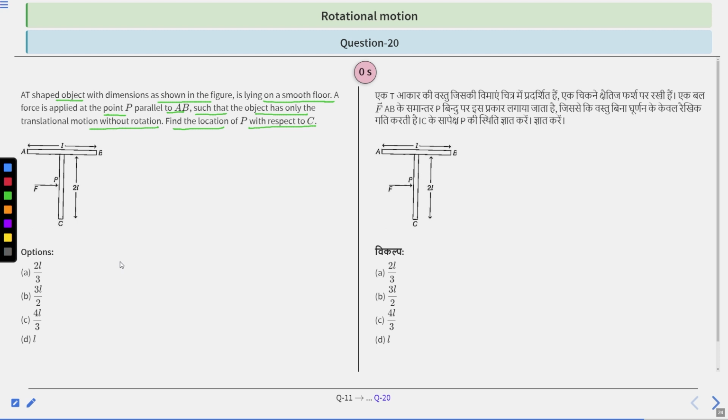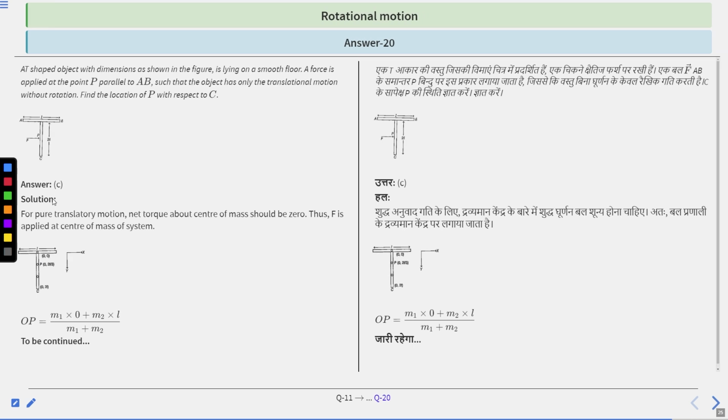Let's find a solution. So for pure translatory motion, the net torque about the center of mass should be 0 here. Thus F is applied at the center of mass of the system, OP equals (M1 multiplied by 0 plus M2 multiplied by L) divided by (M1 plus M2). So this is the concept of calculating the center of mass of the system.